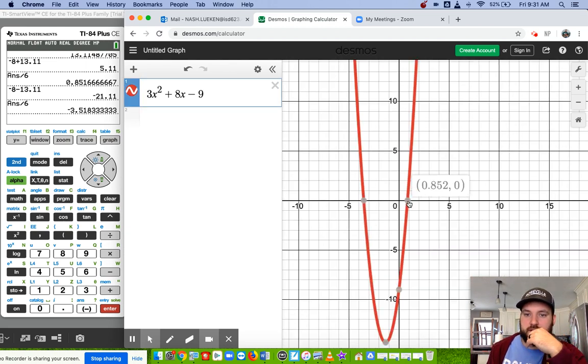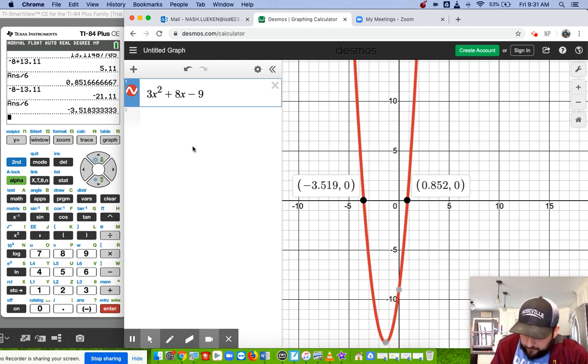And if I click on this, Desmos tells me that it's negative 3.519, which we got. Did I mess something up? Oh, negative 3.5. Yep, I just didn't write the negative on the iPad. So negative 3.519, which we called negative 3.52.